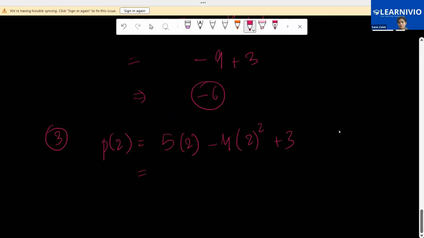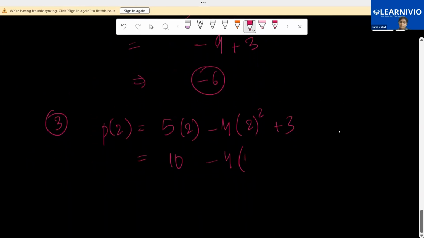Then 2 into 5, which is 10, minus... First solve 2 square. What is 2 square? 2 squared gives you 4. 4 into 4 plus 3.